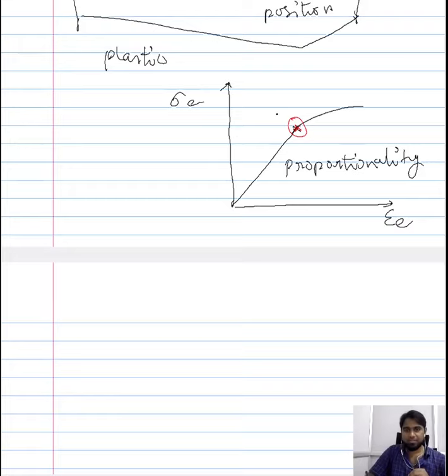That is, if I refer to this as P, then any stress below P will be within the elastic limit.